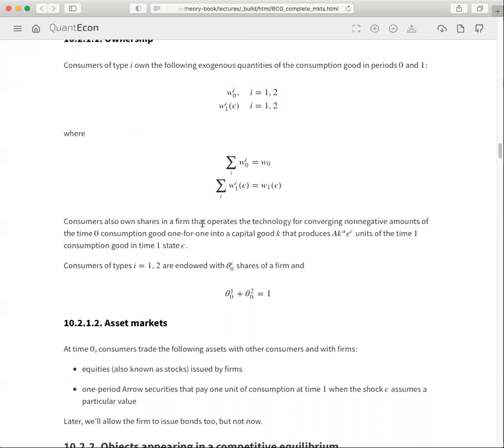So each consumer is going to own a share in a firm that is going to operate a technology for converting non-negative amounts of time zero consumption good 1-for-1 into the capital. And the capital good is going to produce. So theta_0(1) and theta_0(2), those are the ownership of shares in the firm. And we set this up so that the continua of firms, the numbers match up with the numbers of people.